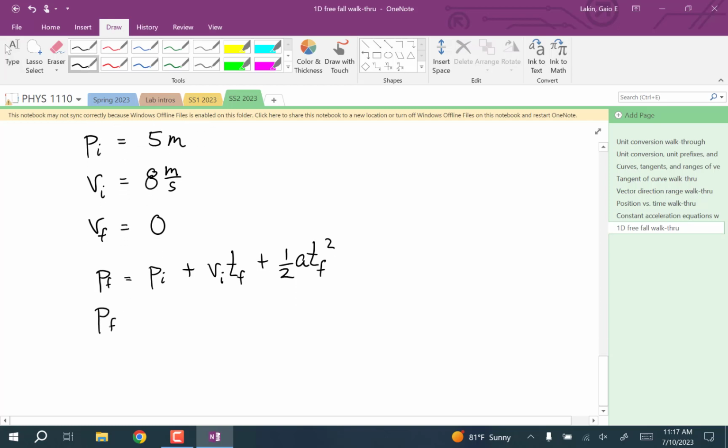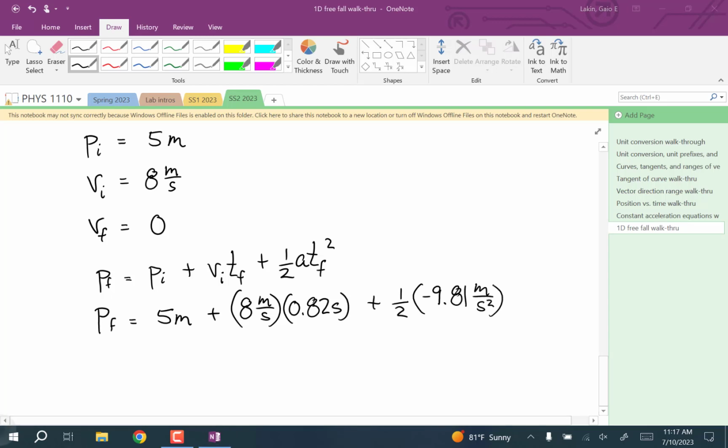So P final is equal to 5 meters plus 8 meters per second times 0.82 seconds plus 1/2 times negative 9.81 meters per second squared times 0.82 seconds squared.